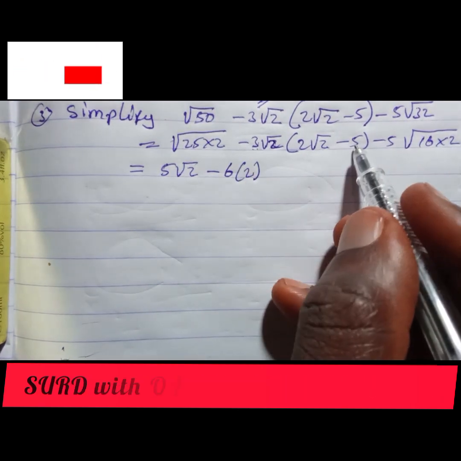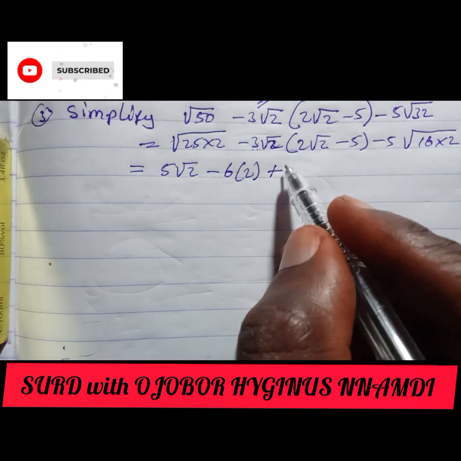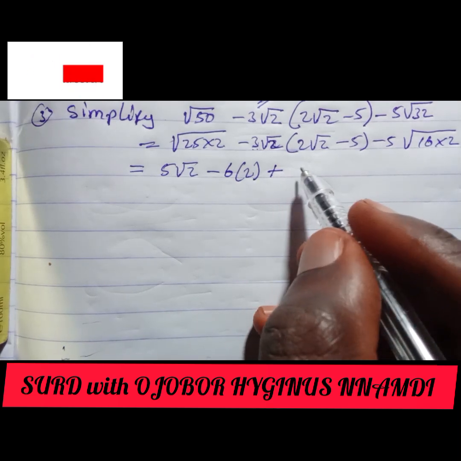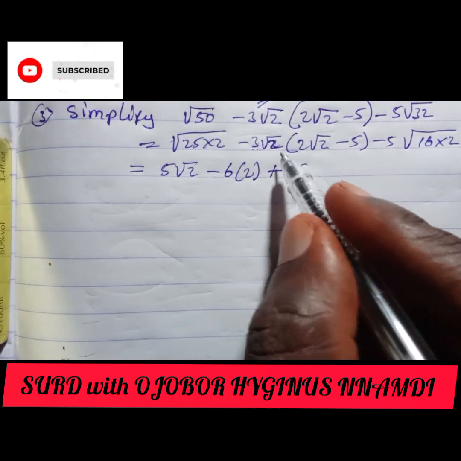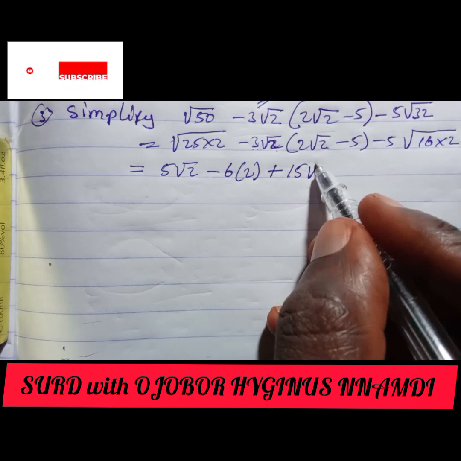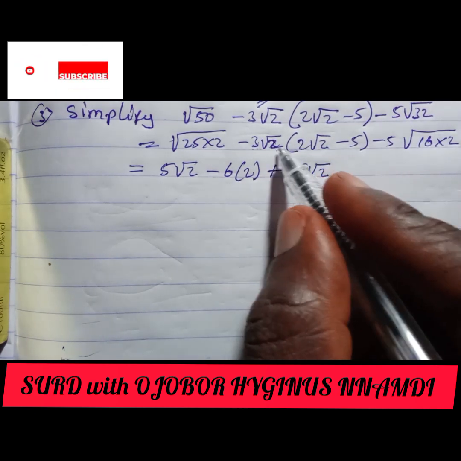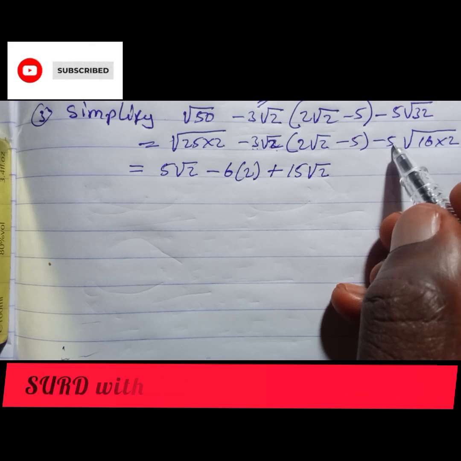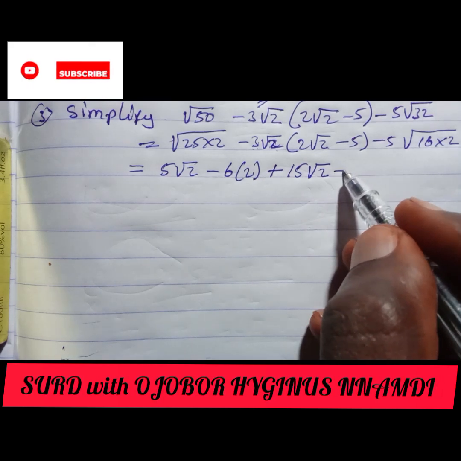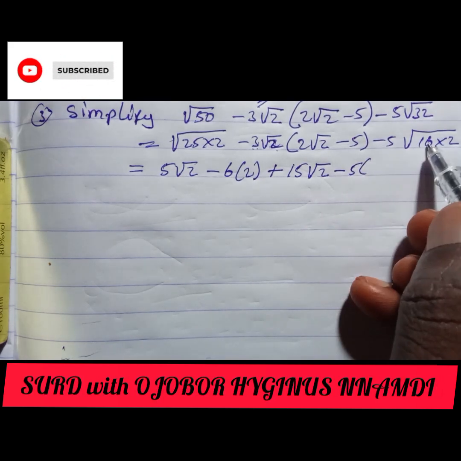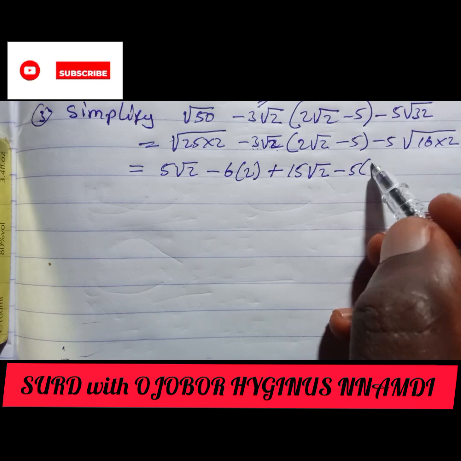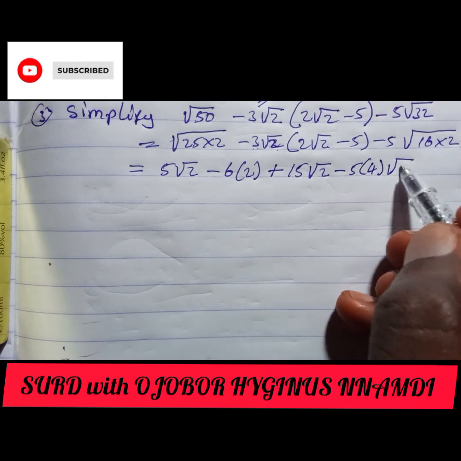Minus 3 times minus 5, I'll have plus, because minus times minus is plus. I'll have plus 15. Then root 2, there is no root here, so the root 2 will remain. Then we're done with this bracket. Then you have minus 5 here. Minus 5 times the square root of 16 is 4. So times 4, then root 2 will remain there.